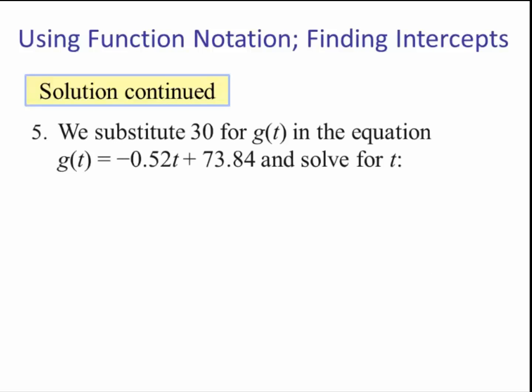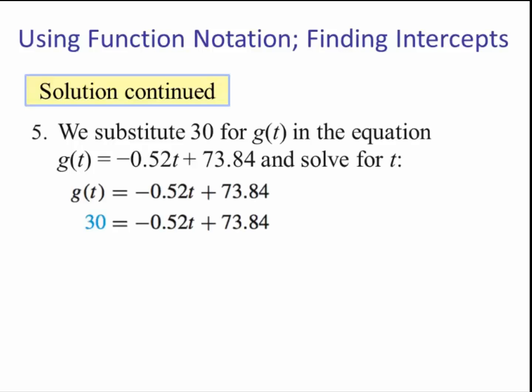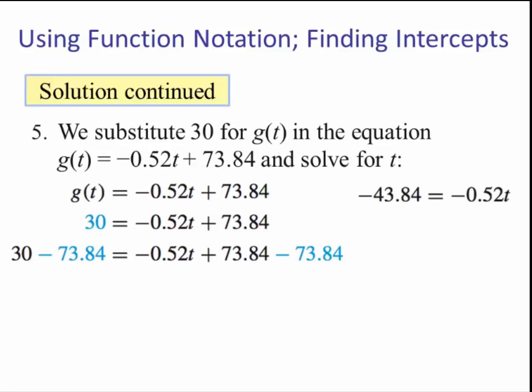Number 5, we substitute 30 for g of t and solve for t. So we have 30 equals negative 0.52 t plus 73.84. We subtract 73.84 from both sides of the equation. We end up with negative 43.84 equals negative 0.52 t.